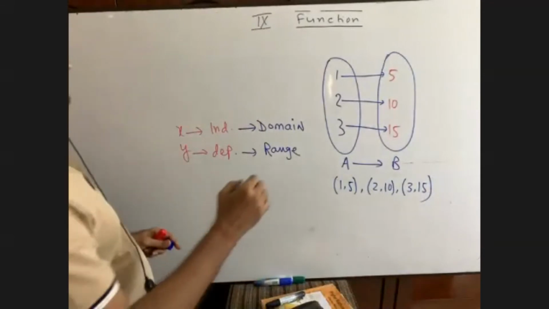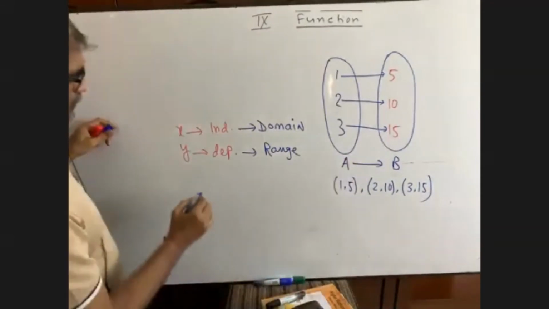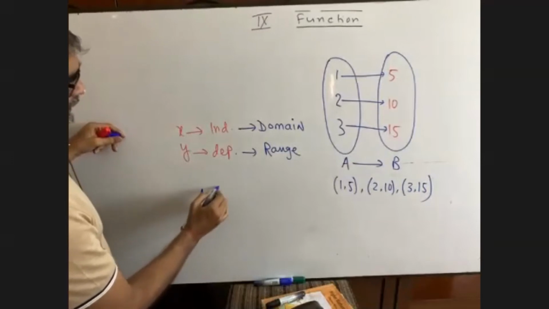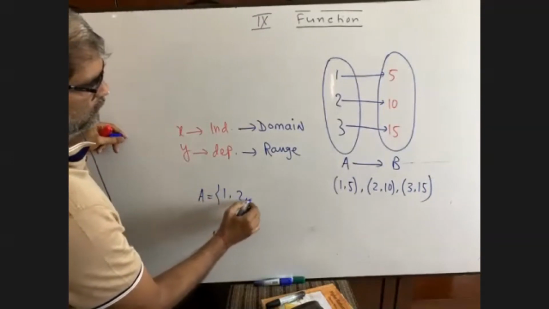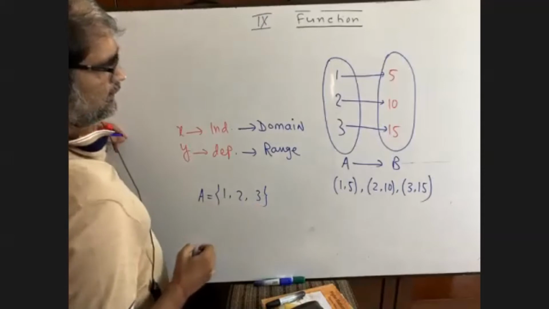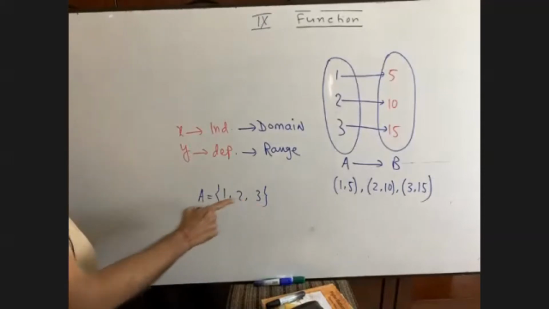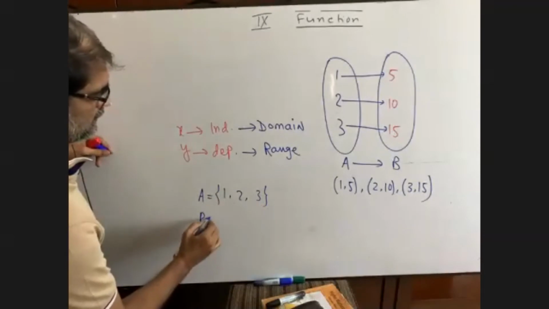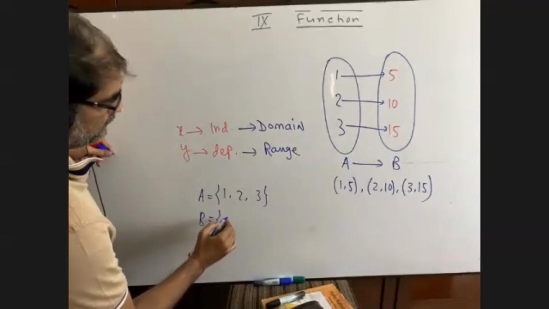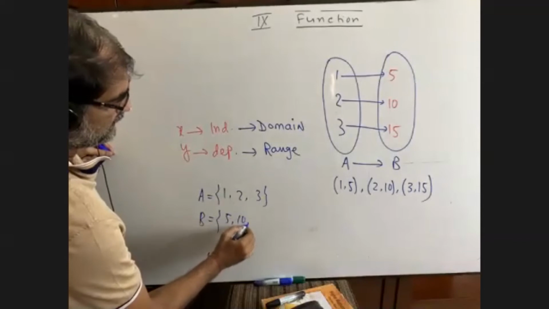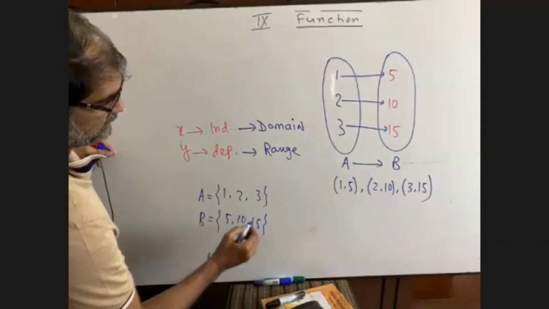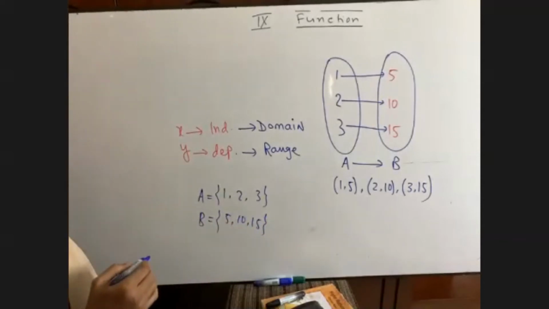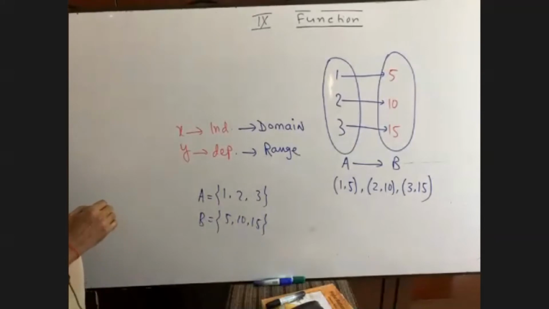The set A equals what? 1, 2, 3. These are the elements of the domain. B equals what? 5, 10, 15. These are the range.